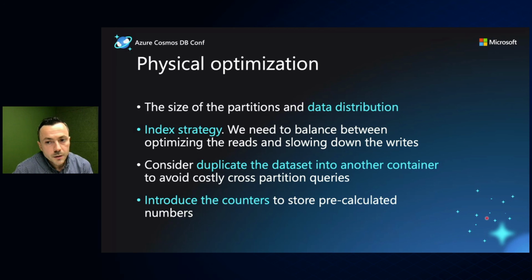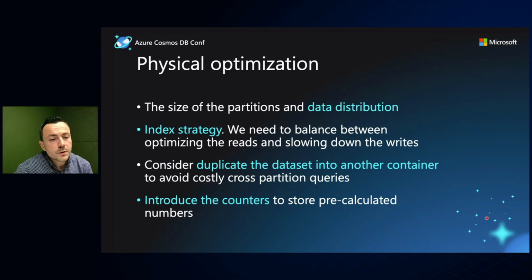The next important topic is the index strategy. The default one is not always good for our design, and we always need to balance between putting in more indexes to optimize different read operations versus fewer indexes to optimize writes, right?